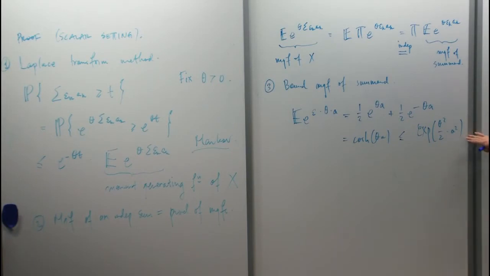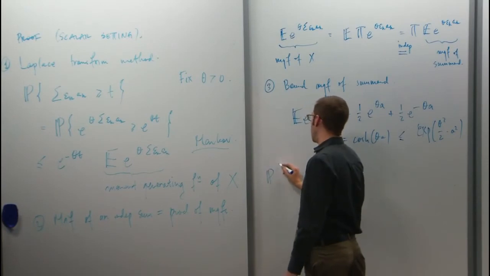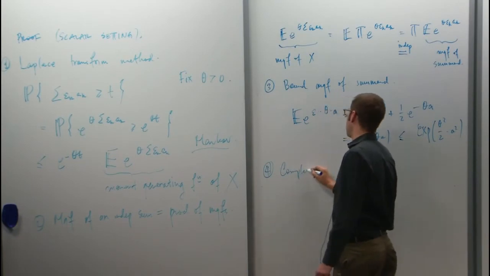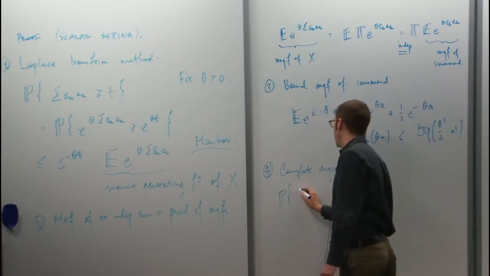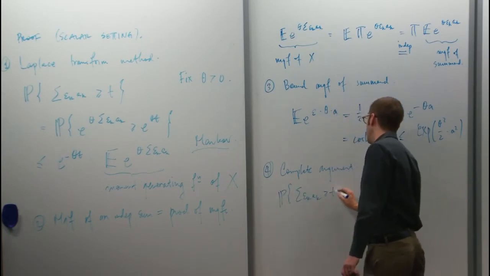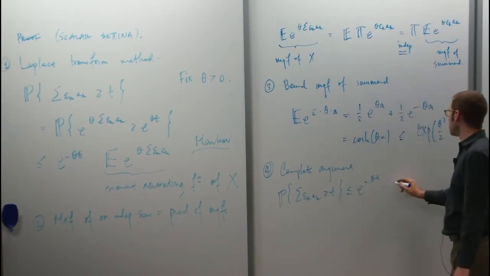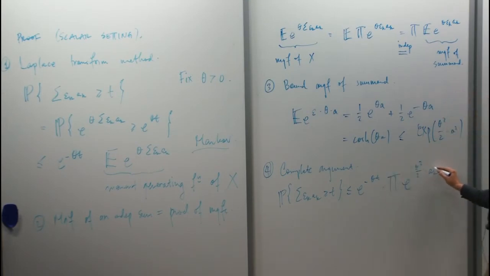Okay, so we've bounded each one of the MGFs. We can introduce this back in here, and we'll obtain, so now we can complete the argument. The probability that the sum is greater than t is less than or equal to e to the minus theta t times the product of e to the theta squared over 2 times ak squared.